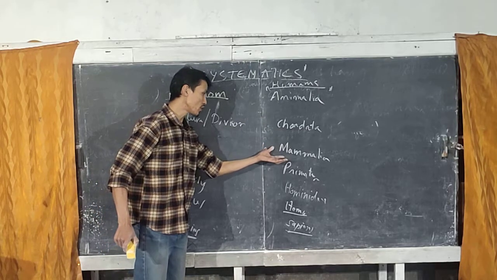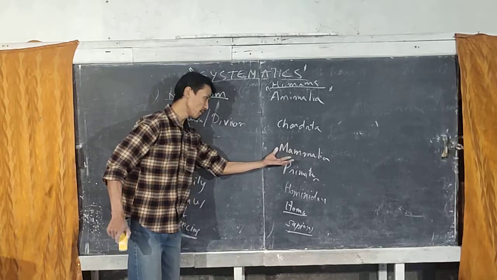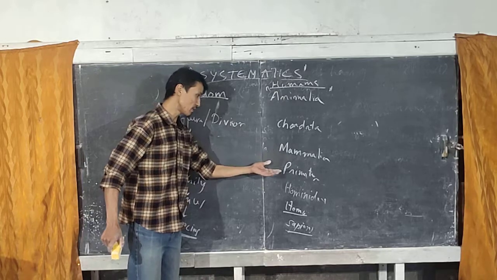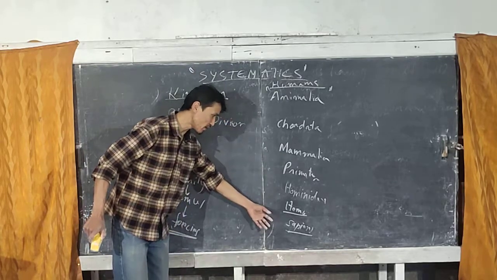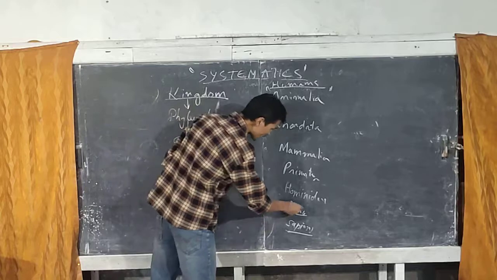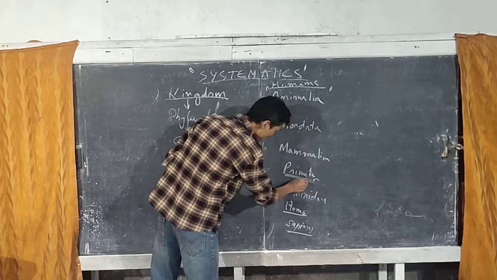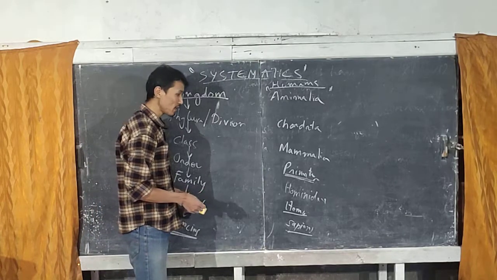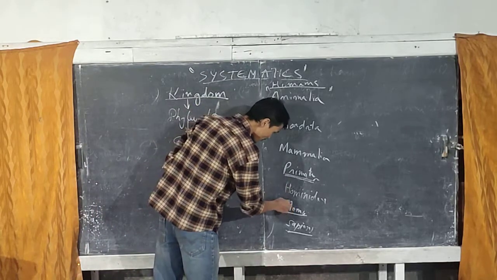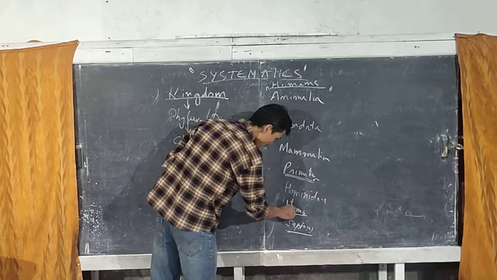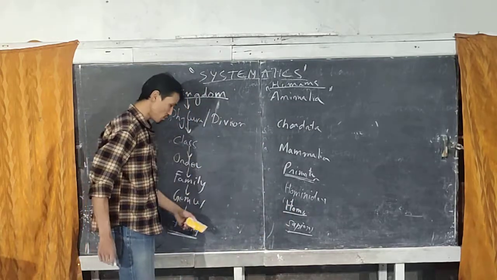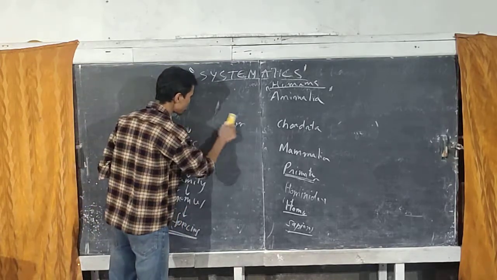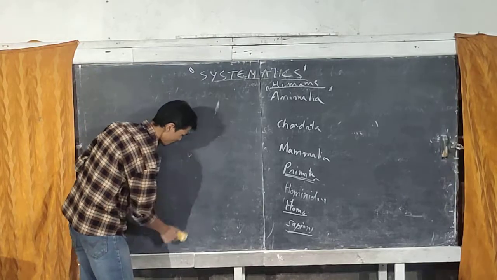When we talk about humans, they belong to the class mammals. Again, when we talk about primates, it relates to the various types of monkeys, like monkeys, chimpanzees and apes. But as we move lower down, it becomes more specific, and we belong to the genus Homo and the species sapiens. So this is the hierarchical system of classification.